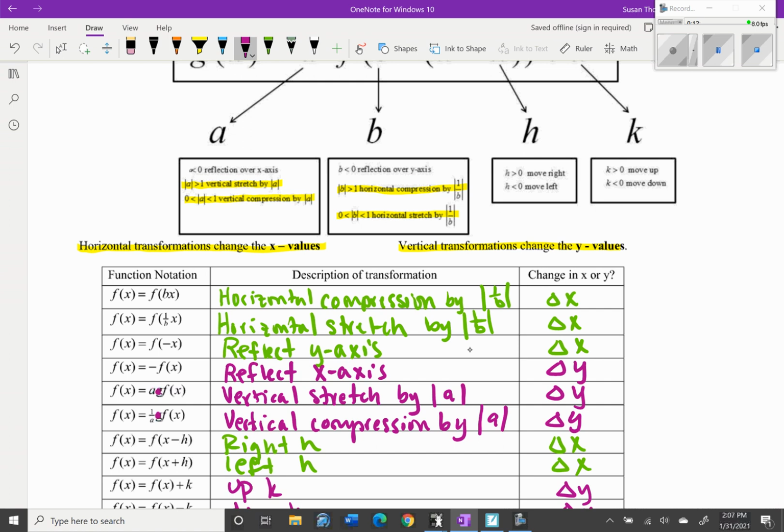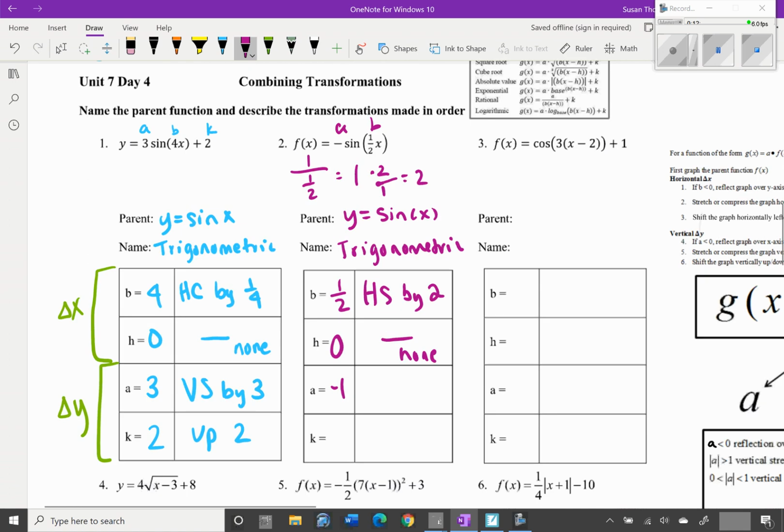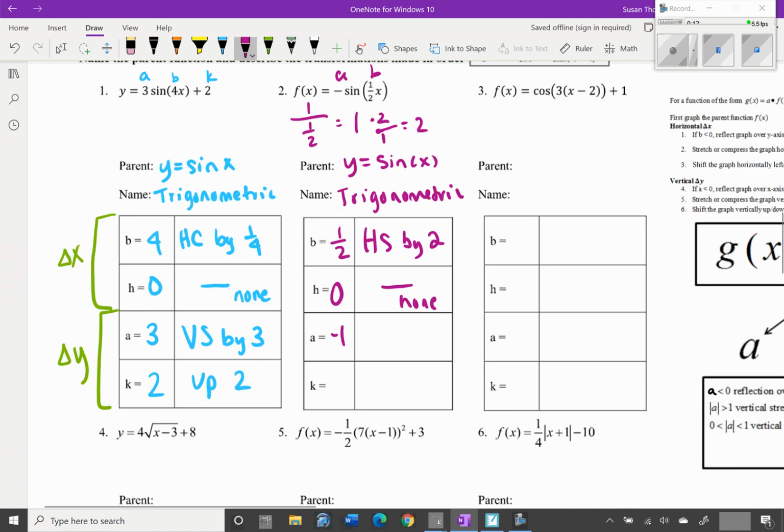So when it's 1, we're not stretching or compressing our graph because 1 times anything doesn't change the value, right? So in this case, we're only reflecting it across the x-axis. And then your k value, if it's not there, of course, is 0, which means none. So again, b and h change your x values, a and k change your y values on your graph.